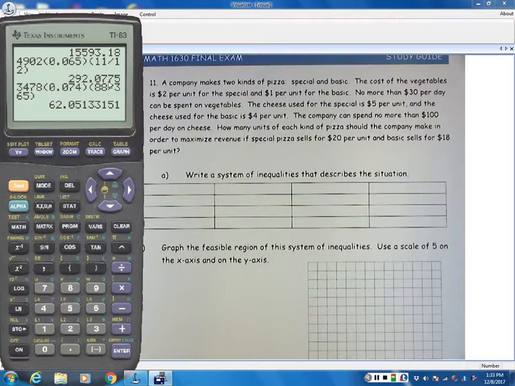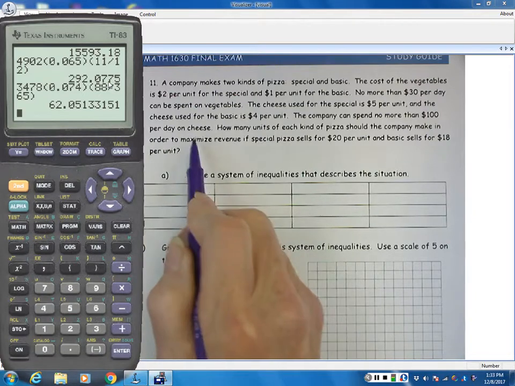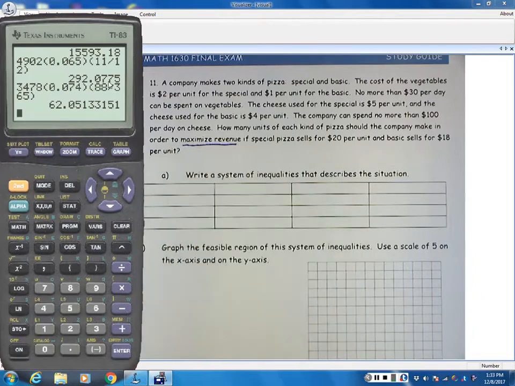Okay, I'm going to work backwards a little bit. We're wanting to maximize revenue.